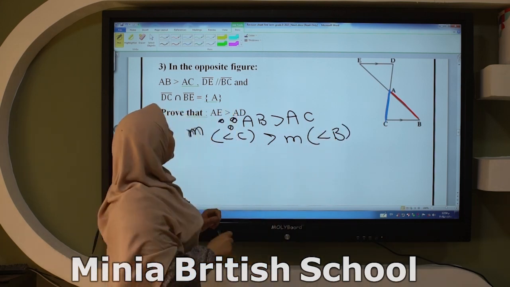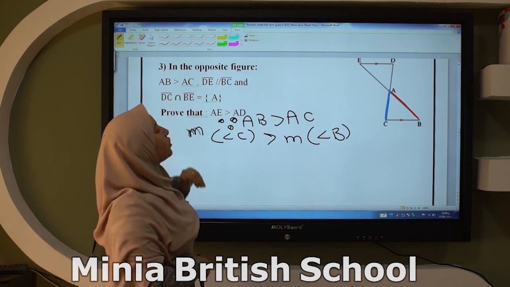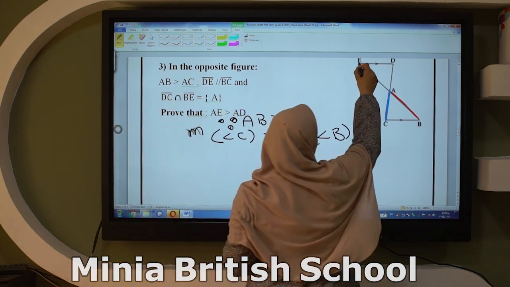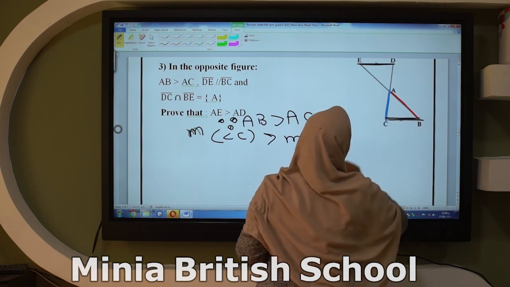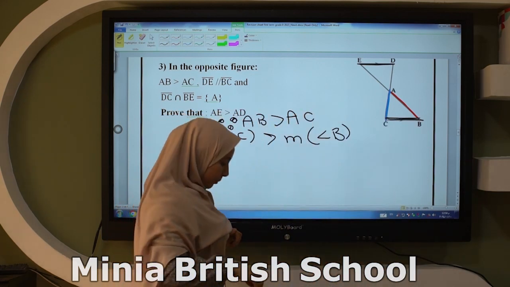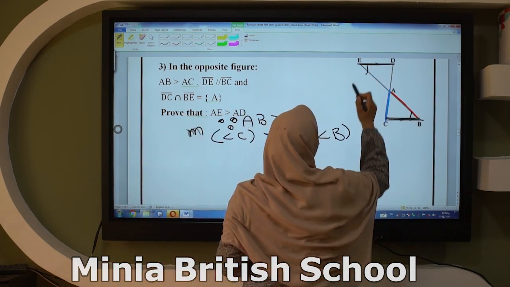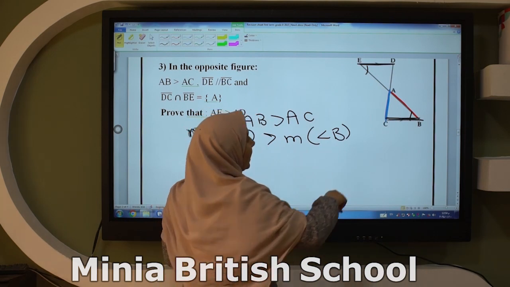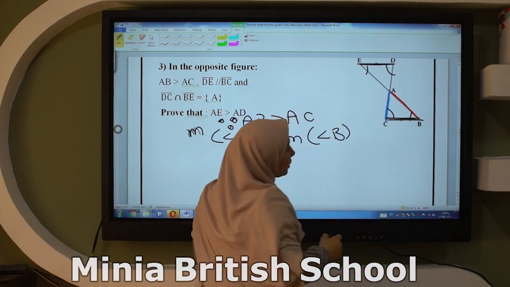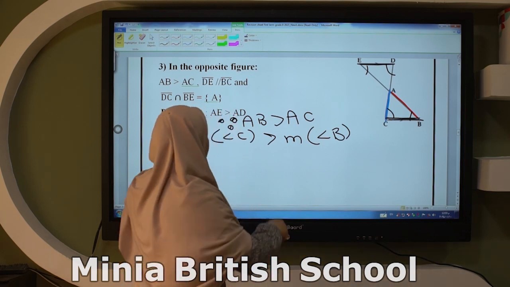Okay, the second given here, DE parallel to PC, then measure of angle P equal measure of angle E, alternate, and measure of angle D equal measure of angle C, also alternate.